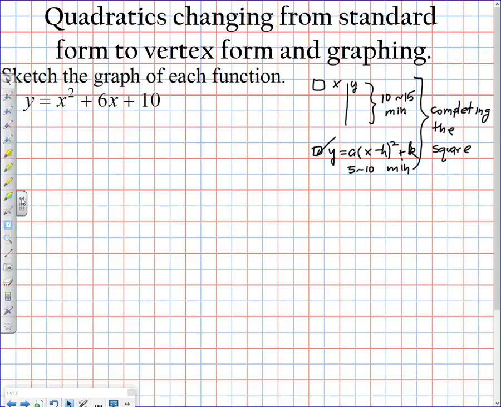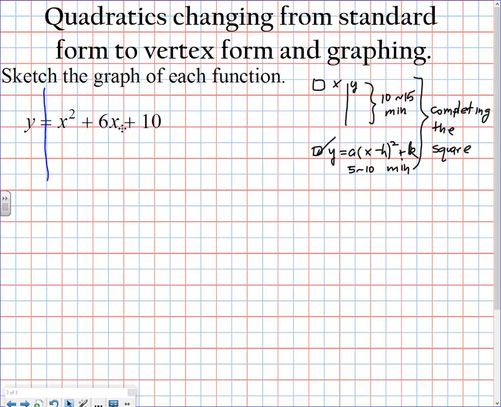So the first thing I do is I have to complete the square. What I need to do is, on one side I need x's, and on the other side I need constants and y's. So on this side I want x's and x's only, because all my x's are over here.